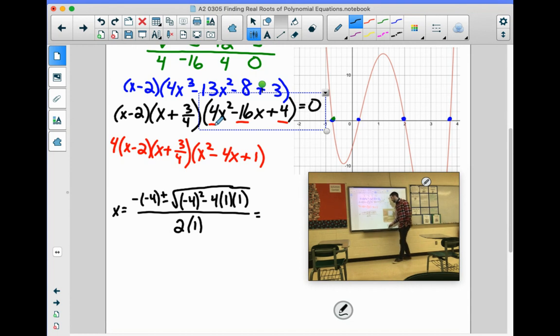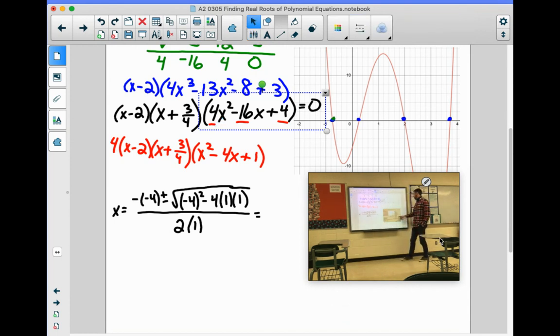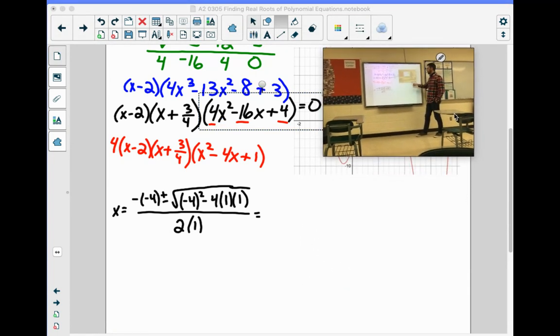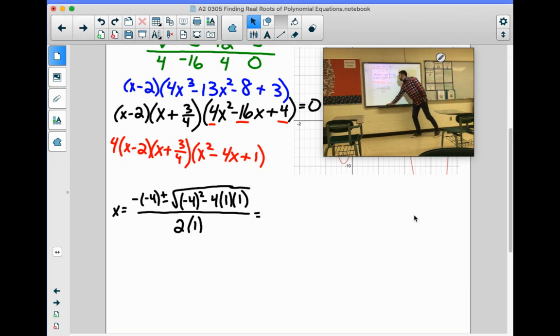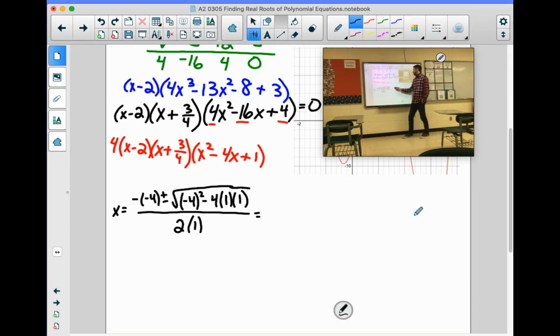So if we clean that up a little bit, let me scooch over here. So that would be positive 4 plus or minus square root of -4 squared is 16. 4 times 1 times 1 is 4. And then 2 times 1 is 2. 16 minus 4 is 12.